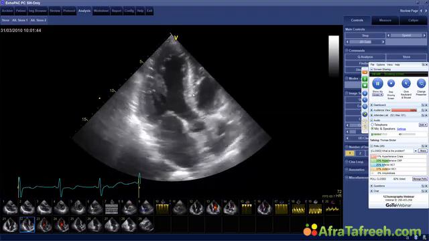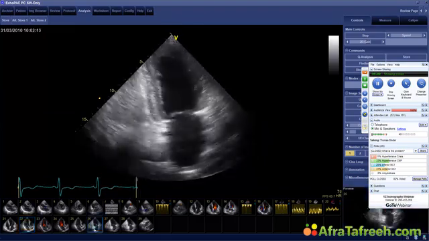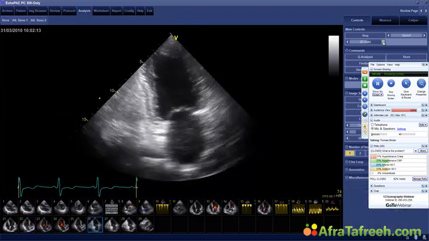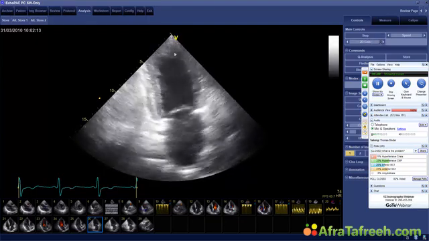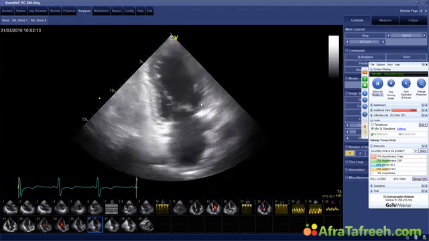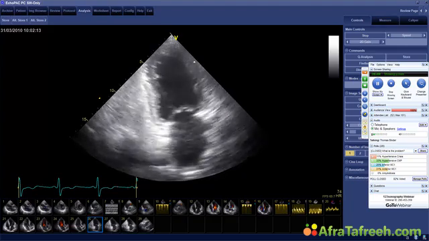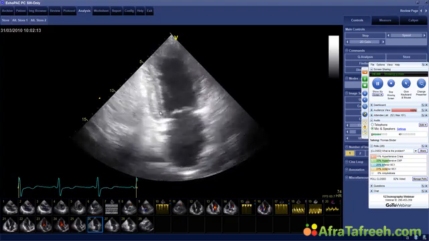You see this? This is the septum that is not pumped normally. And now back to the 2-chamber view, which shows us the anterior wall here and the inferior wall. And again, we have the anterior wall much less contractile than the inferior wall.